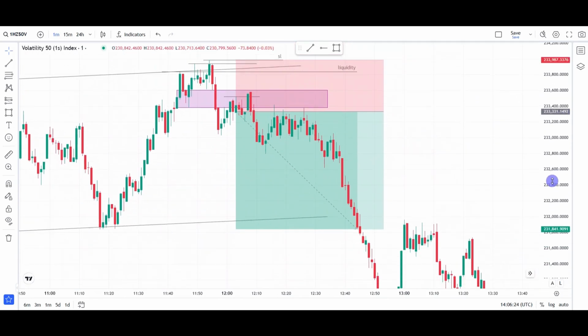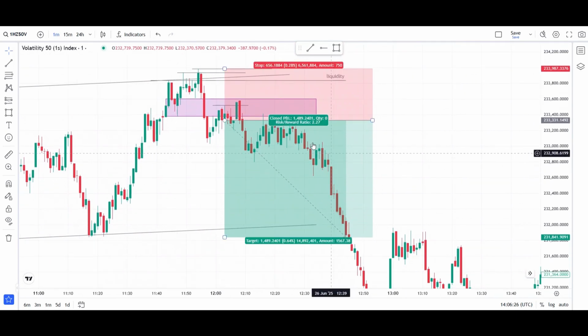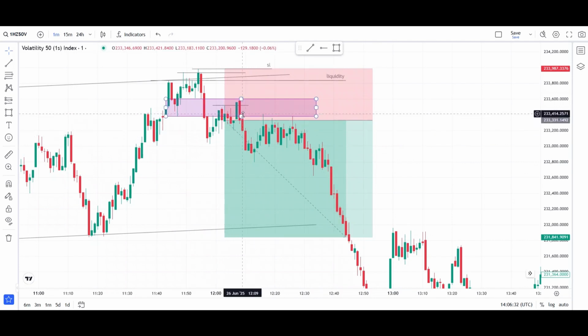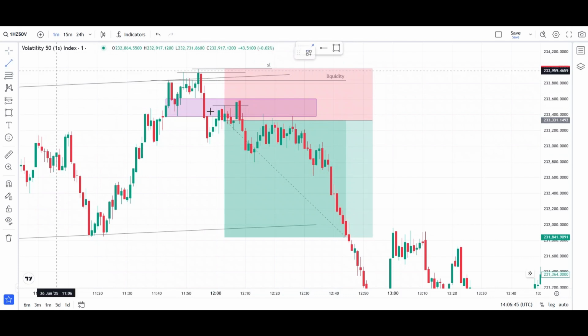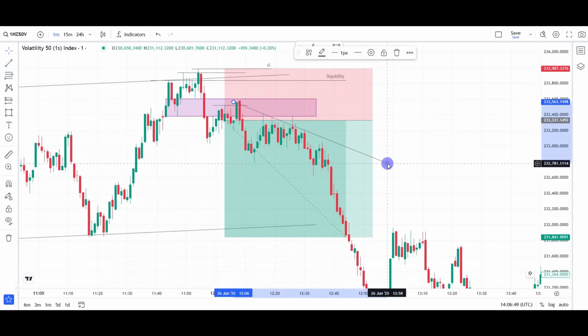So what we want to see here, you see how price is also respecting that fair value gap here, not just there, but even here, price is really thin. That's also another confirmation, because it's also creating what? It's creating resistance, a downtrend resistance, you see.